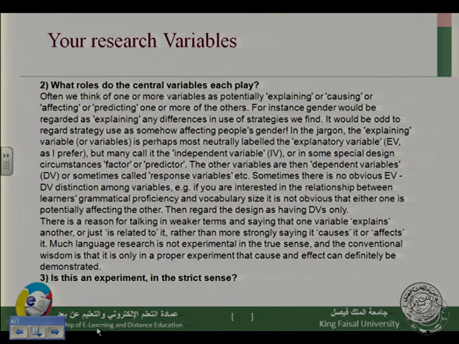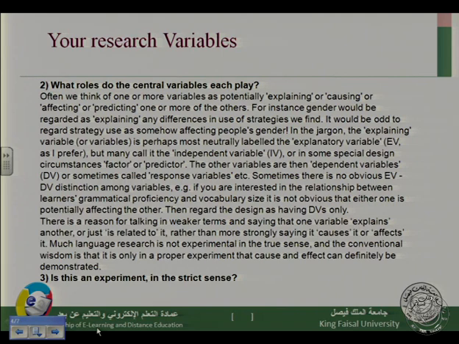We need to specify the role, which is the dependent and which is the independent. Here they're called explaining variables, because the variable explains the other. Age explains to us the use of strategies, or the attitudes towards English. But it's not a big deal. You can call them either explaining or independent variable.